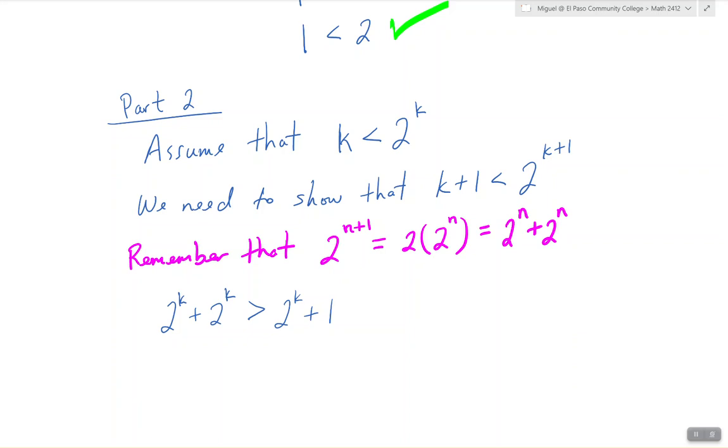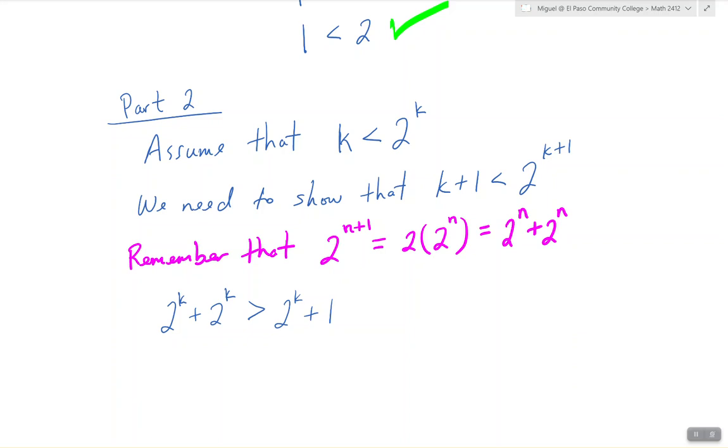Now, because of this, we know that 2 to the k plus 1 would be 2 to the k plus 2 to the k, right? That matches up with this property we're showing there. So 2 to the k plus 2 to the k represents 2 to the k plus 1. We're saying this is greater than 2 to the k plus 1, right? So the 2 to the k and this 2 to the k are the same.